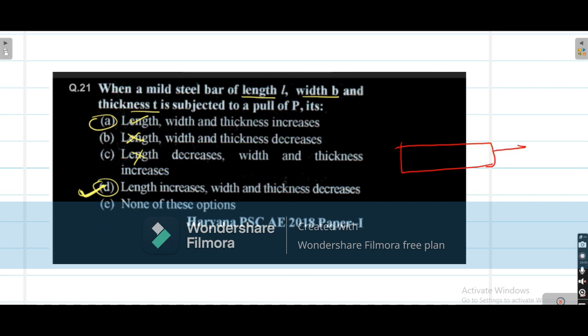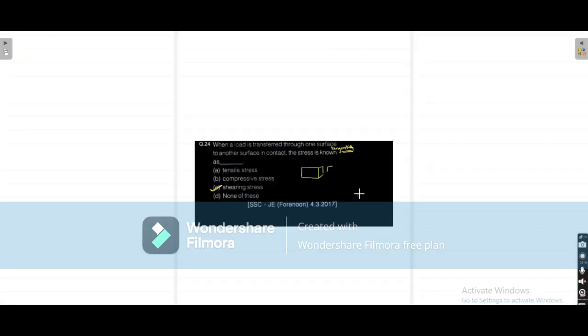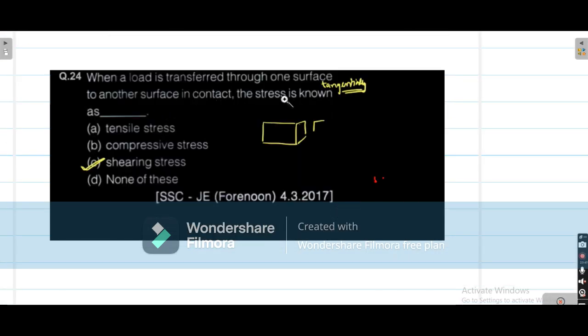Suppose this is my bar and we give some pull, that is the pull force P. Obviously the length will increase and the thickness will decrease. As we stretch the bar, in the transverse direction the distance will reduce, that is, the width and thickness will decrease. So option D is the correct answer: length increases, and width and thickness decrease.